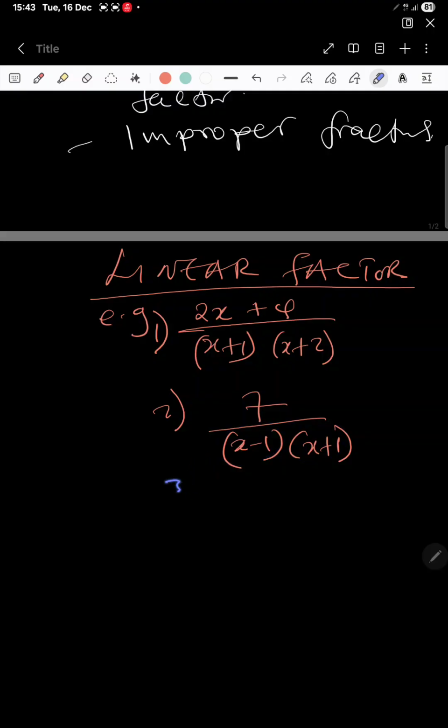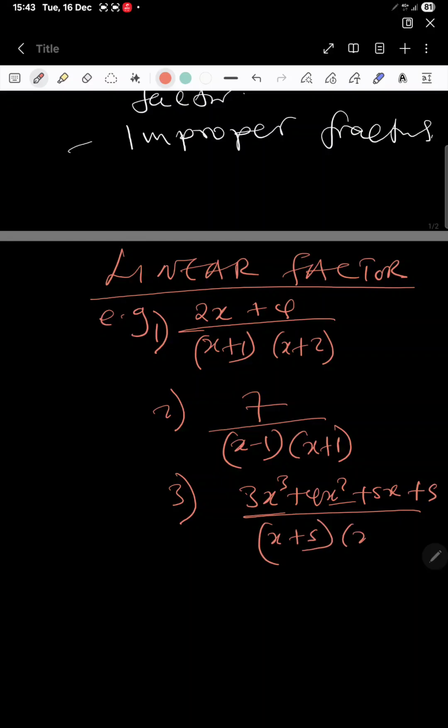We can also have 3x to the power 3 plus 4x squared plus 5x over x plus 5 and x minus 4. This is still a linear factor, but to make it simple, I can remove this.